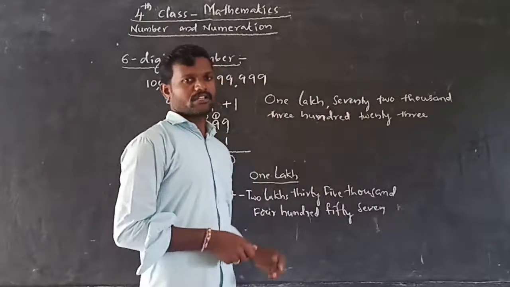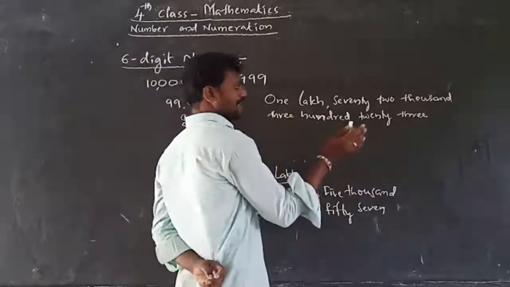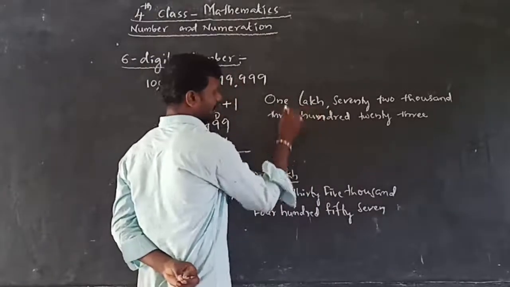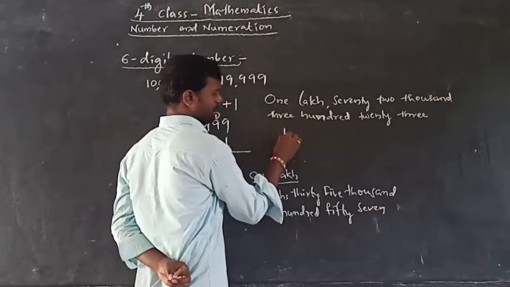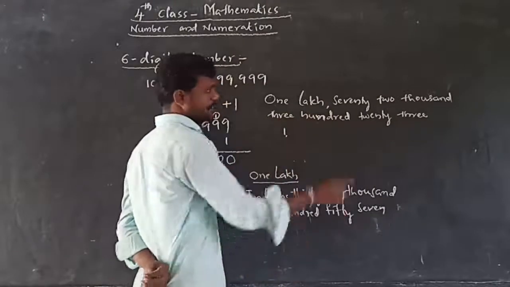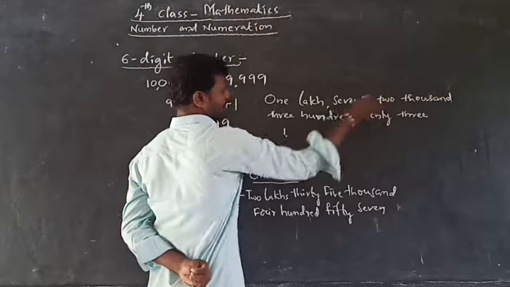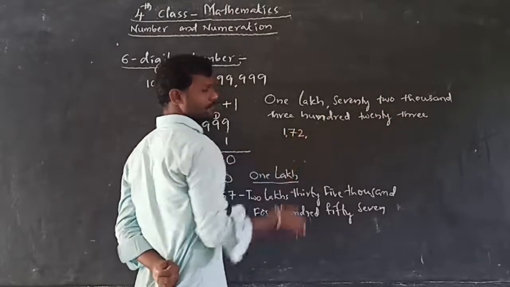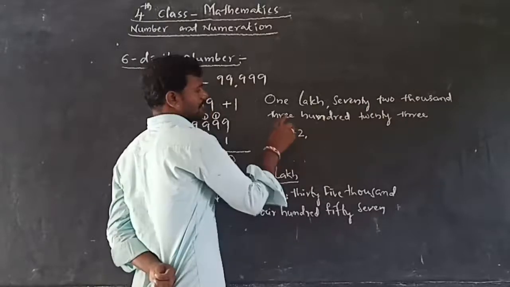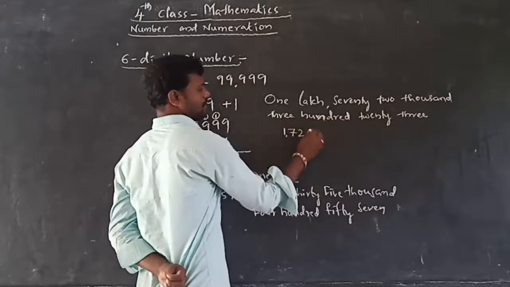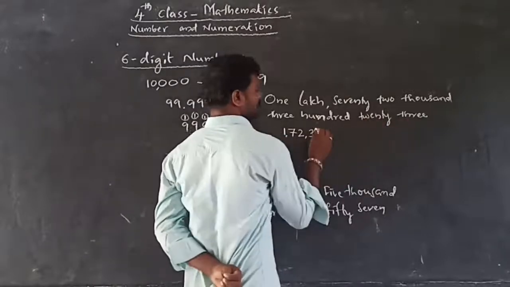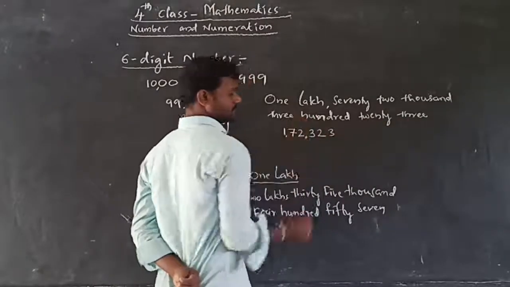1,72,323. Okay, we write first the lakhs digit. What is in lakhs? 1 lakh. 1 in the lakhs place. So write 1 here. After that, 72 thousands. So in the thousands period, we have to write 72. Next, 3 hundreds. So 3 is in the hundreds place. Next 23.